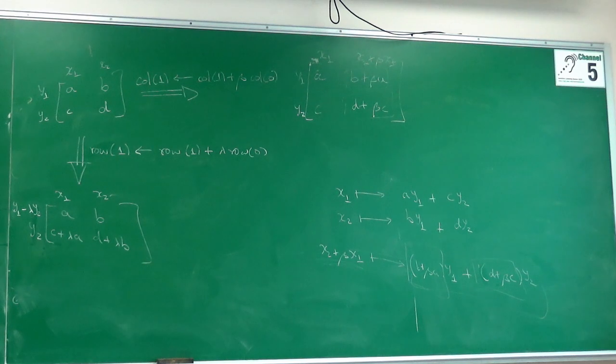So the thing to keep in mind, again, is that row operations change the basis in the codomain, and when you multiply a row and then add it to another row, the way it acts is sort of backwards. It acts on the row that did the operation.